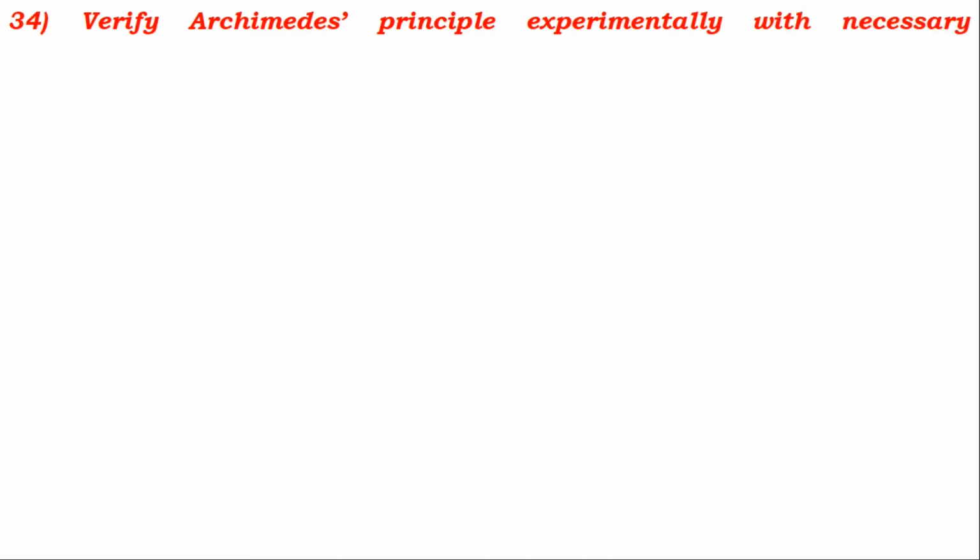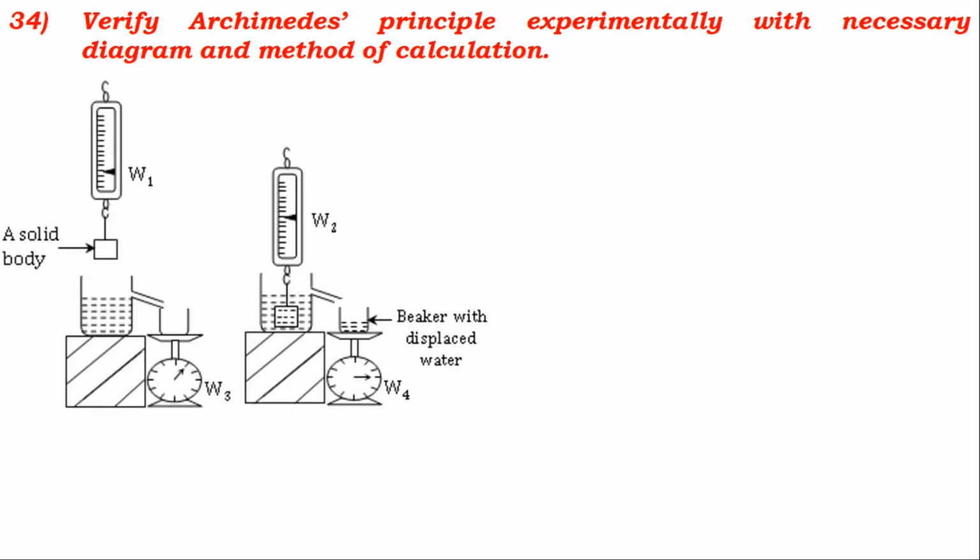Okay, next question. Verify Archimedes principle experimentally with necessary diagram and method of calculation. First, we have to make a diagram like this. In this diagram, what is shown? A solid body is weighed in air first, and then the same body is weighed in water. This difference of weight is the upthrust, and according to Archimedes principle, this upthrust is equal to the weight of displaced liquid.